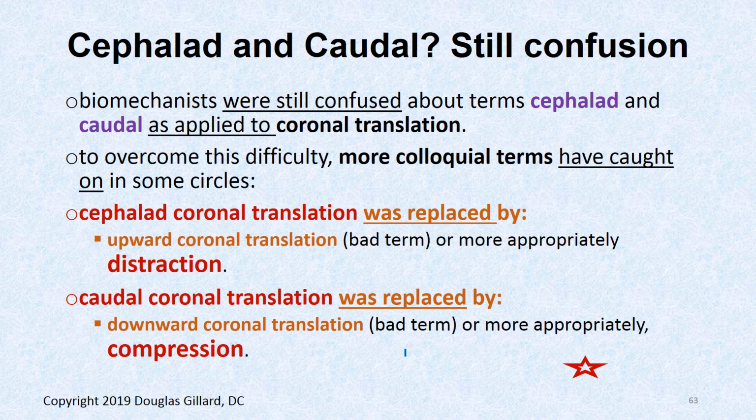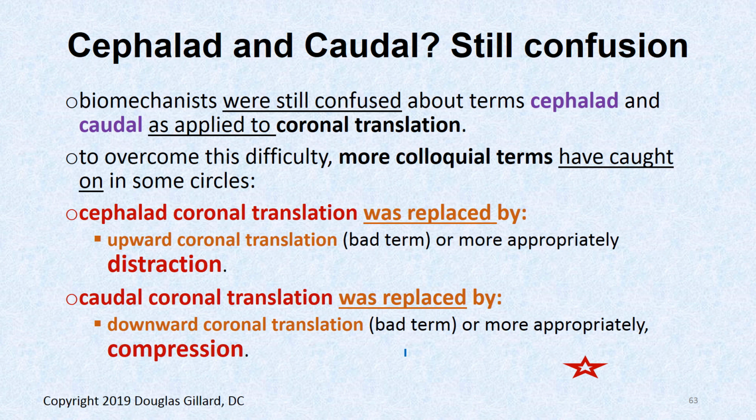What about cephalad and caudal? They started having trouble with those. I guess because I teach embryology, I'm used to those words, maybe. But they had trouble and confusion with regard to cephalad and caudal. So to overcome that, they use the more colloquial, common sense terms. They say cephalad coronal translation.